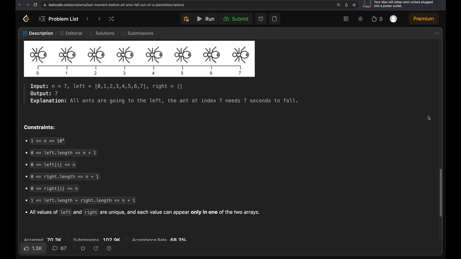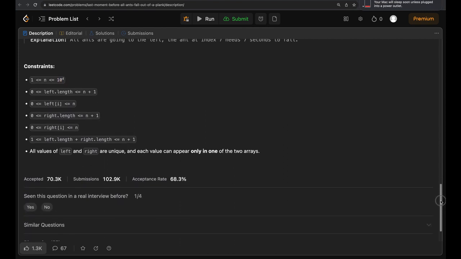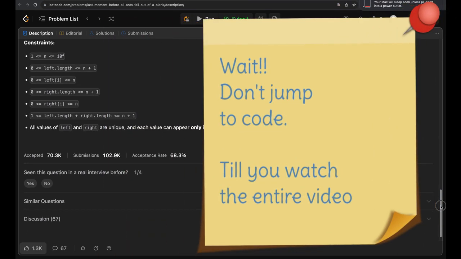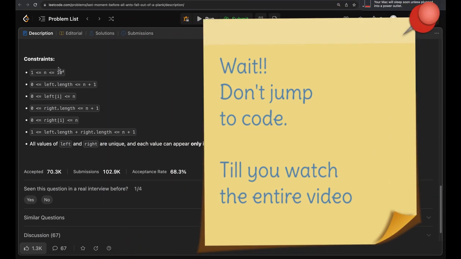This can be done. Let's see about constraints. What does the constraint say? 10 to the power 4. It is pretty much an okay solution for such kind of thing. As our solution is very naive, we can implement it directly with such constraints.